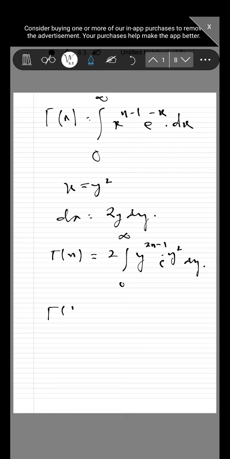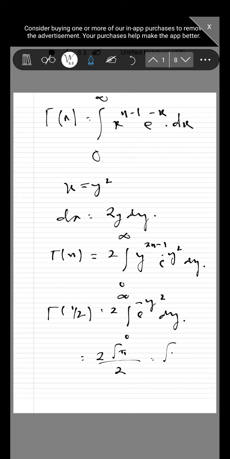And Γ(1/2) is equal to 2 times the integral from 0 to infinity of e^(-y²) dy, which is 2 times √π/2, and that is equal to √π.